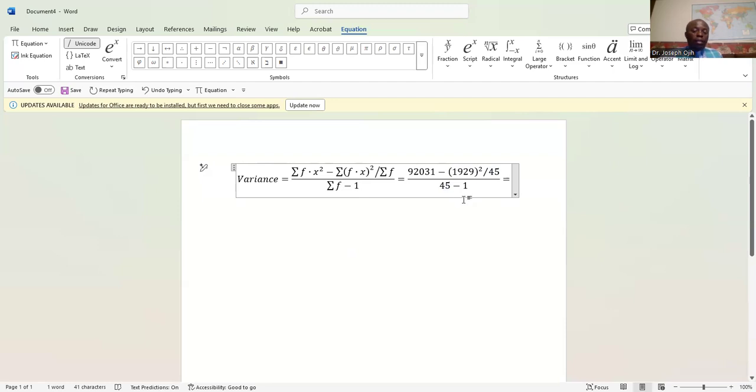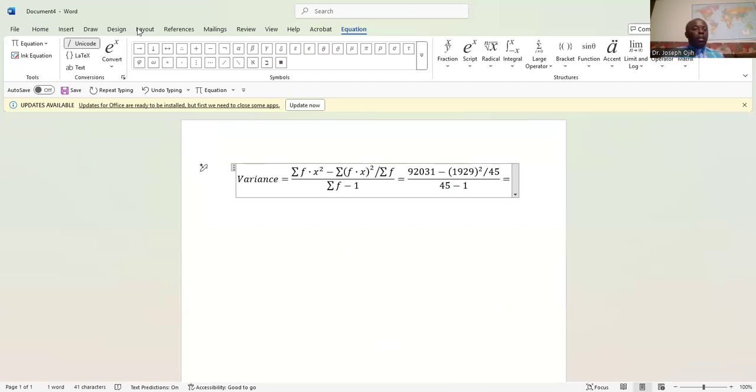So I'm going to write the variance down, and then I can calculate it: 92031 minus 1929 squared over 45, divided by 45 minus 1. Now let's put this in the calculator and get our answer.